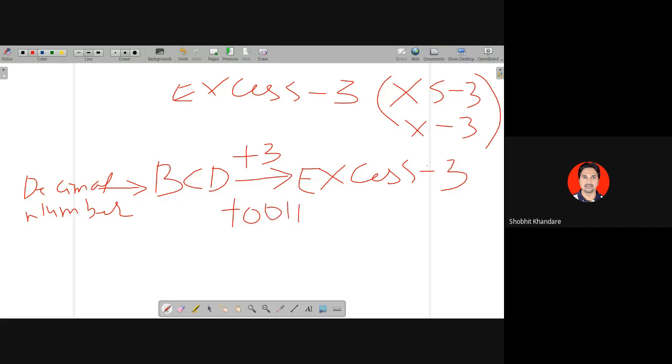So can I say 0 0 1 1 is nothing but the binary representation of 3, or a BCD of 3? Because you know that for decimal numbers 0 to 9, the binary code and BCD code are the same. Do you agree with this or no?